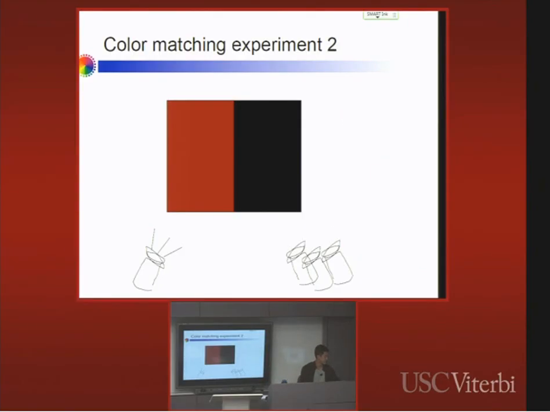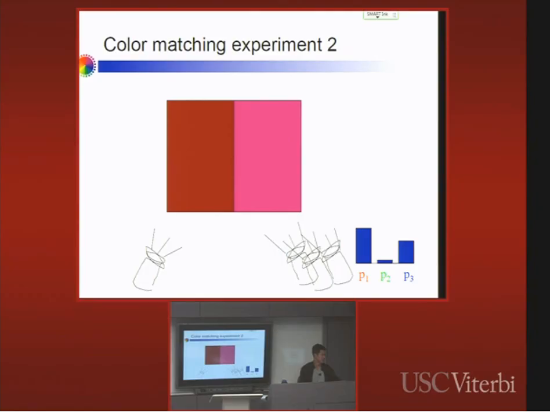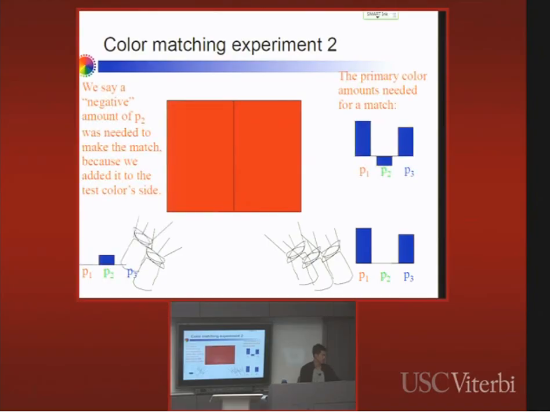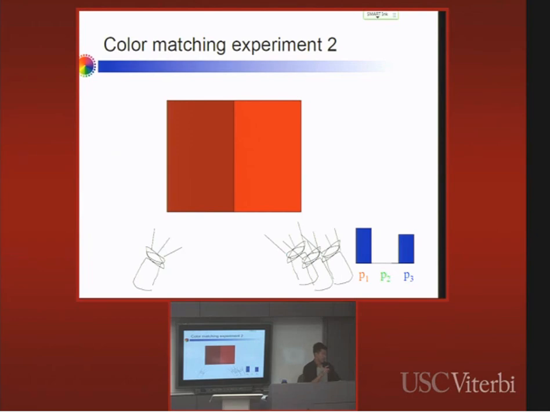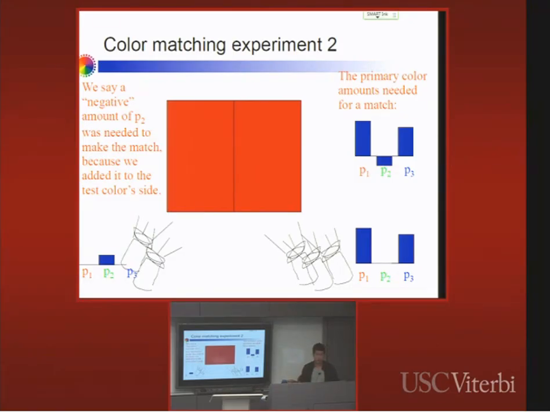Here's another experiment. This is a pretty reddish color, dark red. So this looks a little bit too pink. Maybe we need to add a bit more red. Or we reduce green. And here is a term we call the negative amount. What this means is that if we add green on the left side, then we will match it with the one on the right side.